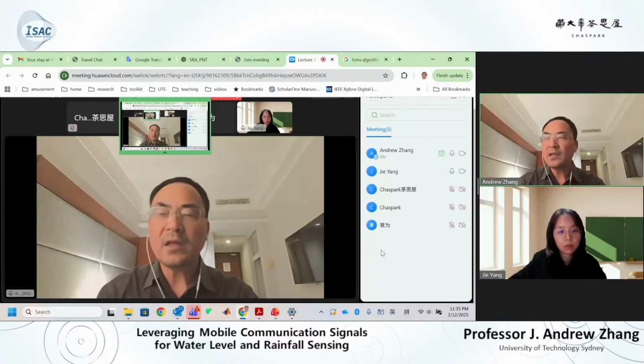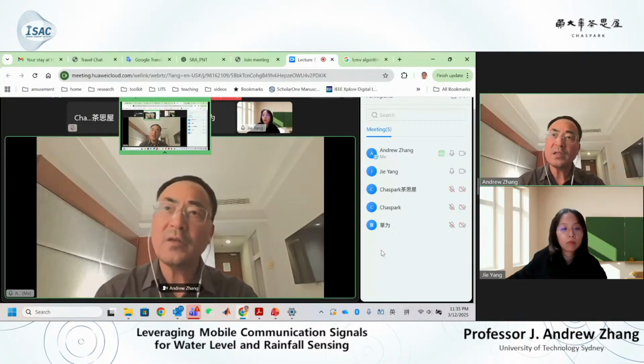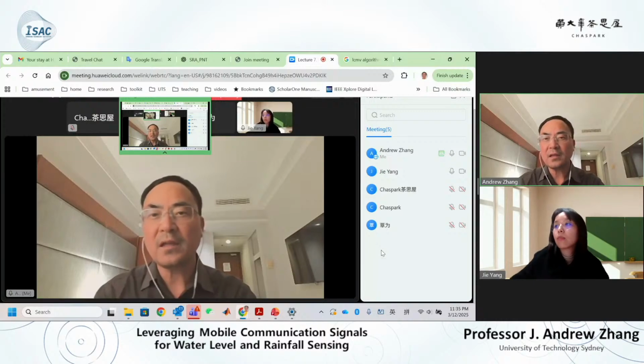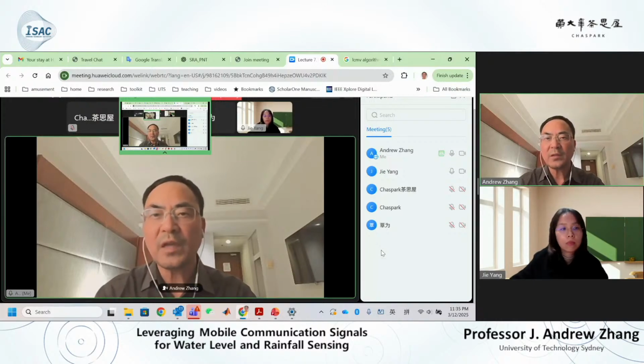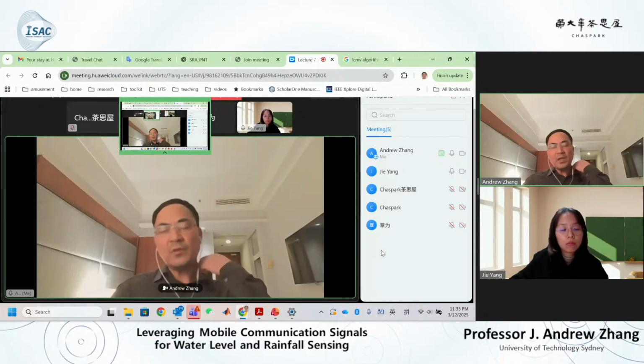So the basic idea is, we try to identify the different properties between the interference sources and the water level that we want to estimate. Once the differences are identified, we can adopt the corresponding technique to separate them and then suppress the interference.